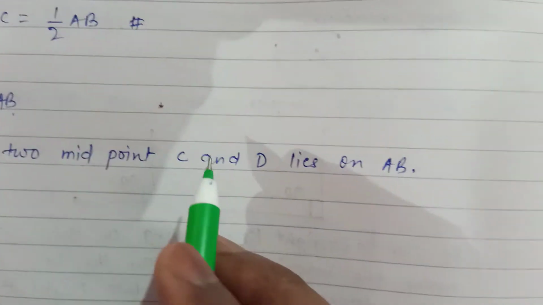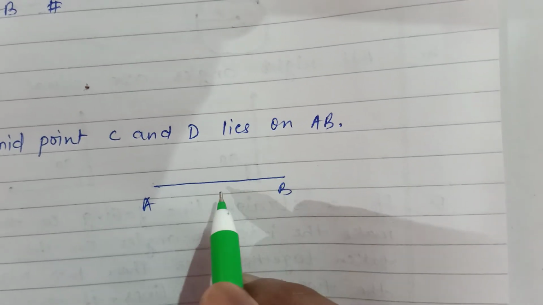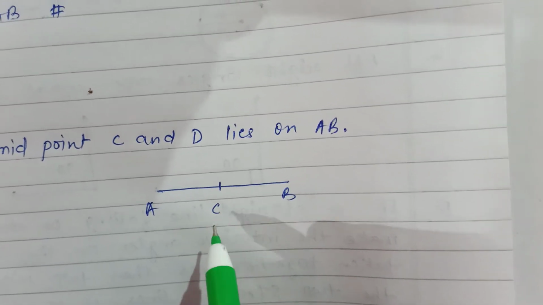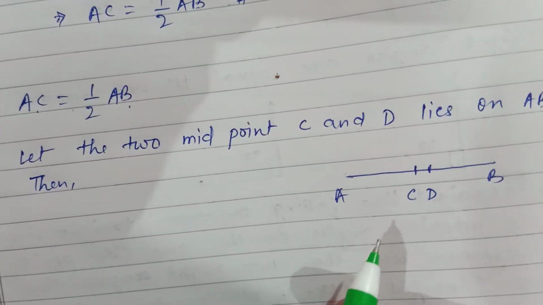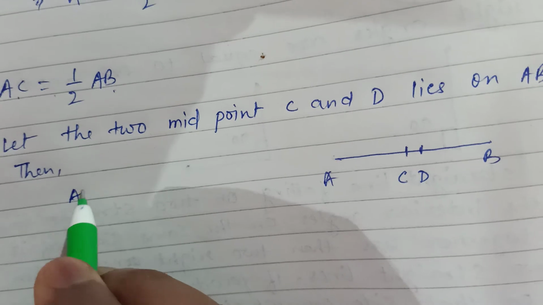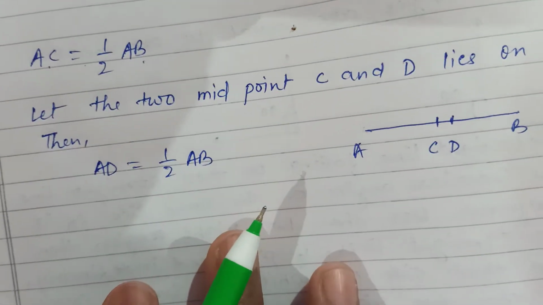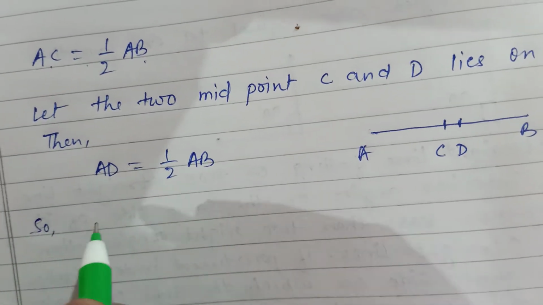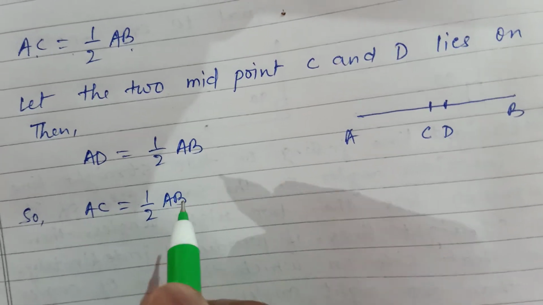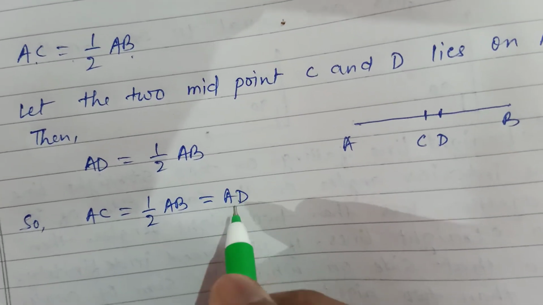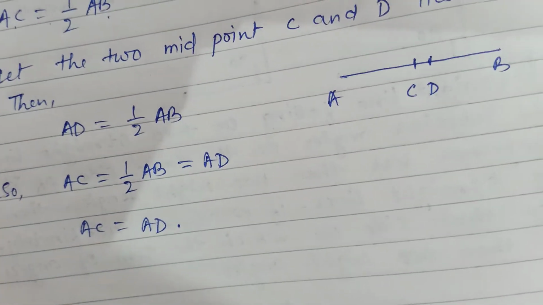So in a line AB, C is a midpoint of AB and D is also a midpoint of AB, then AD equals half of AB. So we can write AC equals half AB and it also equals AD. It means AC equals AD. Clear?